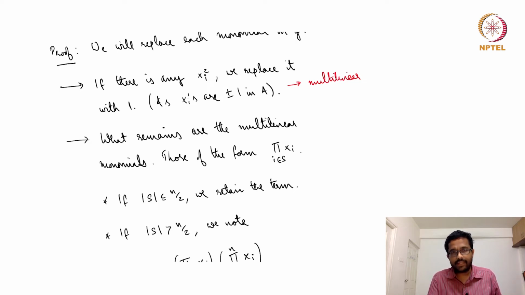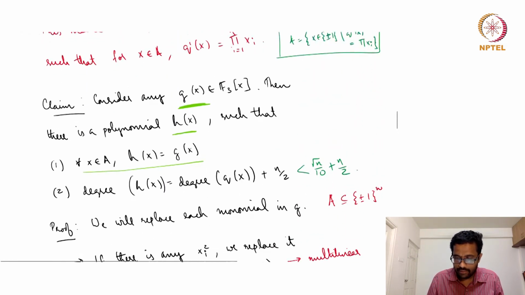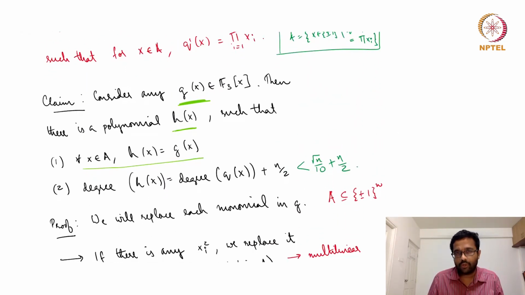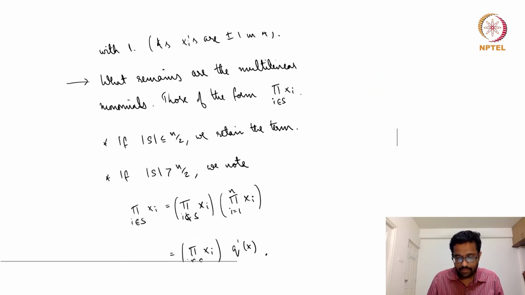Now if this set is of size smaller than n by 2, then we just retain the term, right? Because again, the target degree that we have is something like n by 2 plus some small thing. So if S is smaller than n by 2, we are fine. The degree will be smaller than n by 2. If it is bigger than n by 2, then we have to do something.